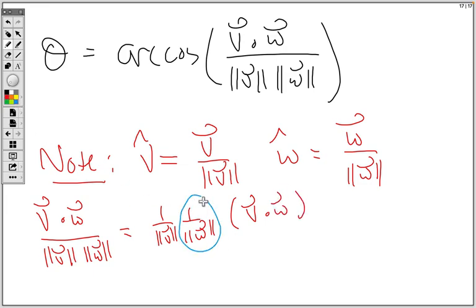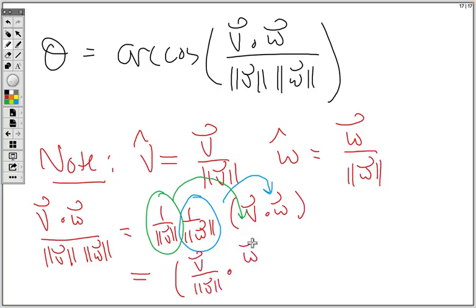So I can float the 1 over length of w scalar to go with the vector w, and float the 1 over length of v scalar to go with the v. And so I can rewrite this as v over the length of v dot w over the length of w, which would be v hat dot w hat.